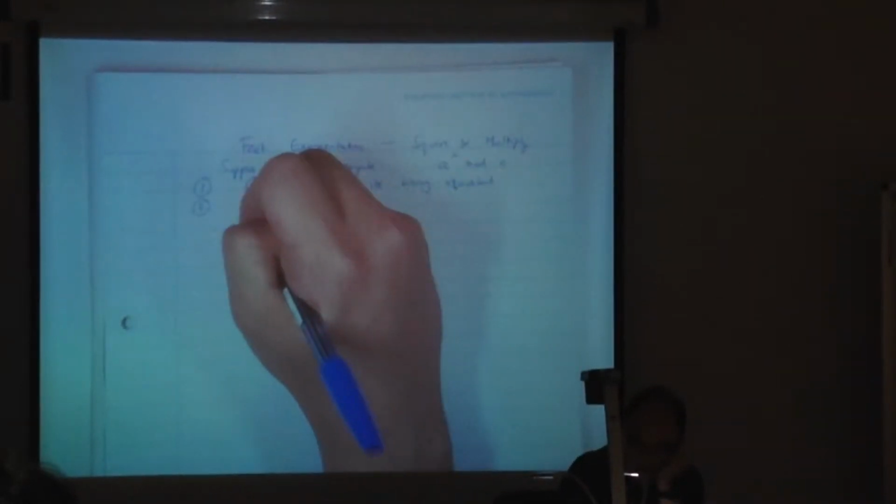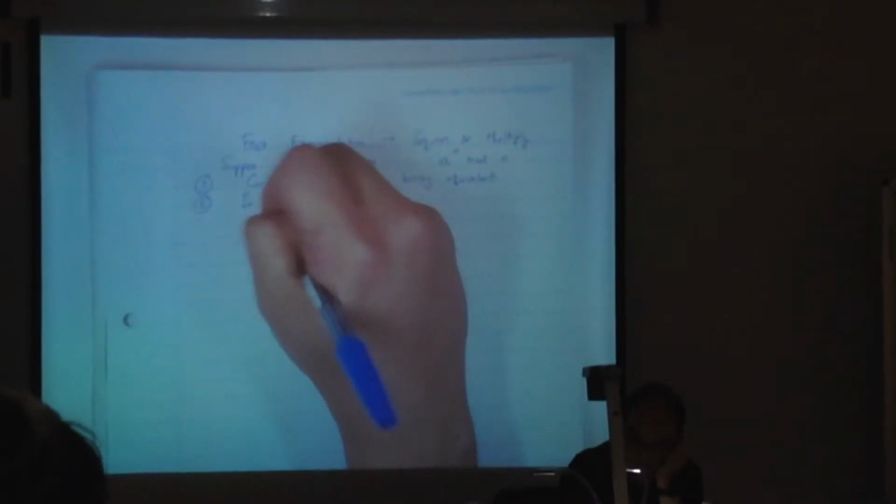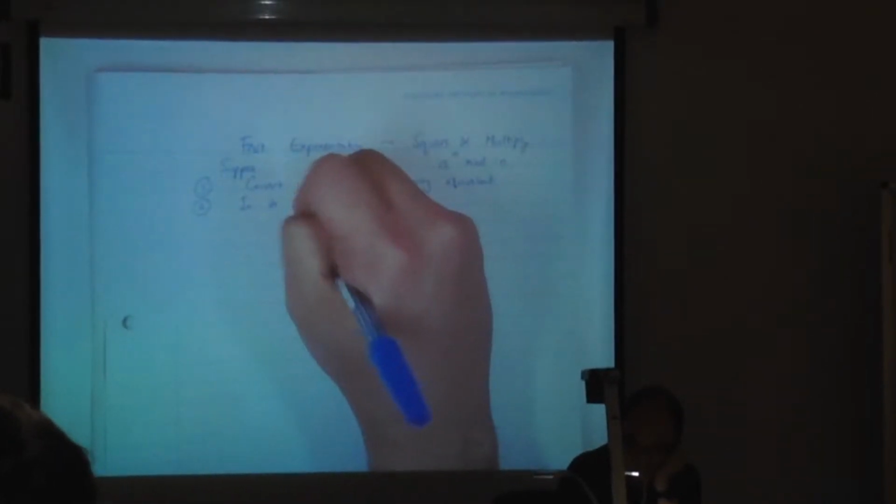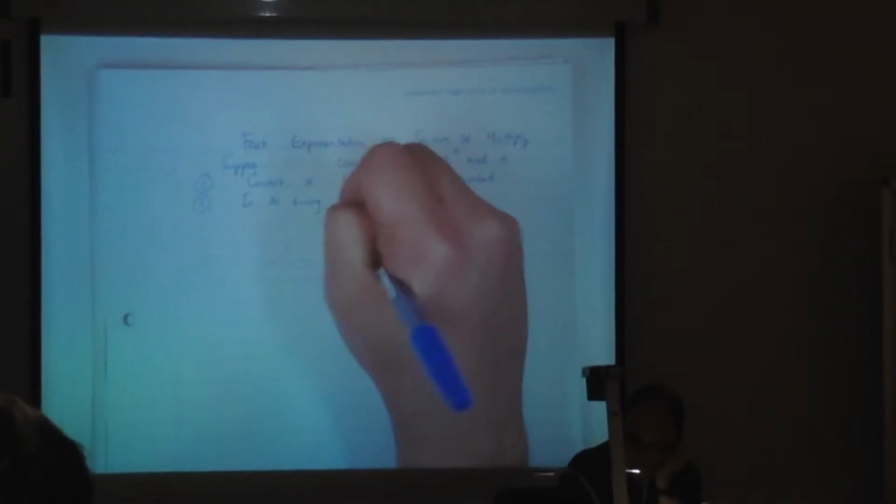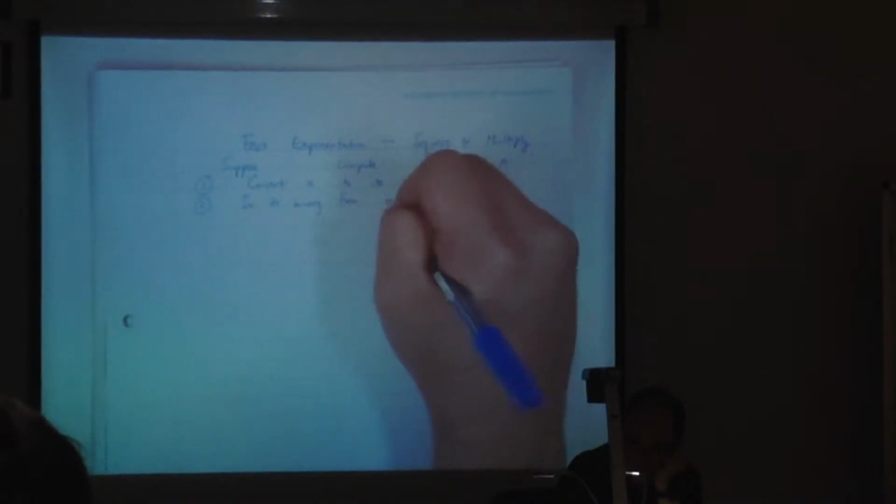And then number two, in its binary form, you need to replace 1 with sx, 0 with s. Alright, so that's why this is called square and multiply. There are only two letters here, sx and s.